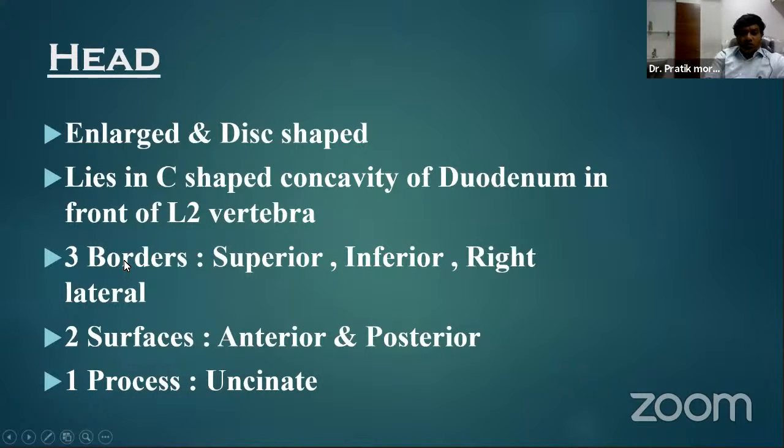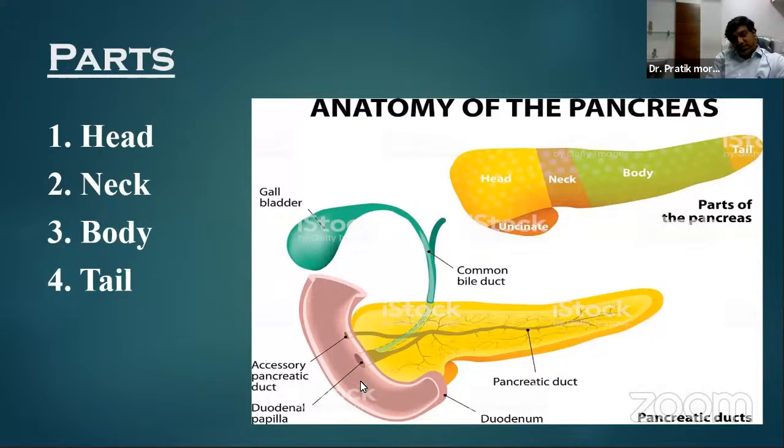If you are smart enough, see, it is accommodated by the C-shaped concavity of the duodenum, so you will understand what is superiorly, what is on the right, and what is inferiorly. It is very easy to understand. We have already seen the bile duct, which is in this dotted line, and dots mean the posterior side. So it is going to be really easy.